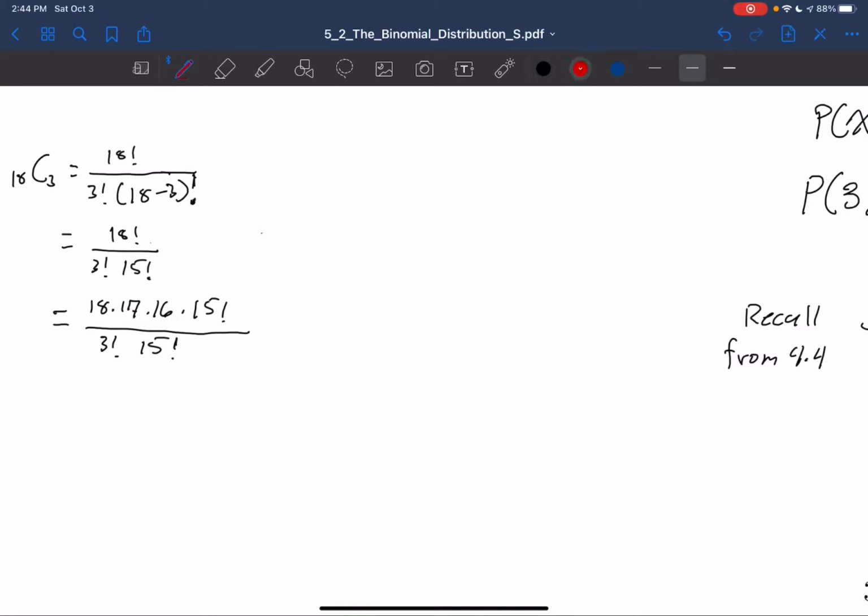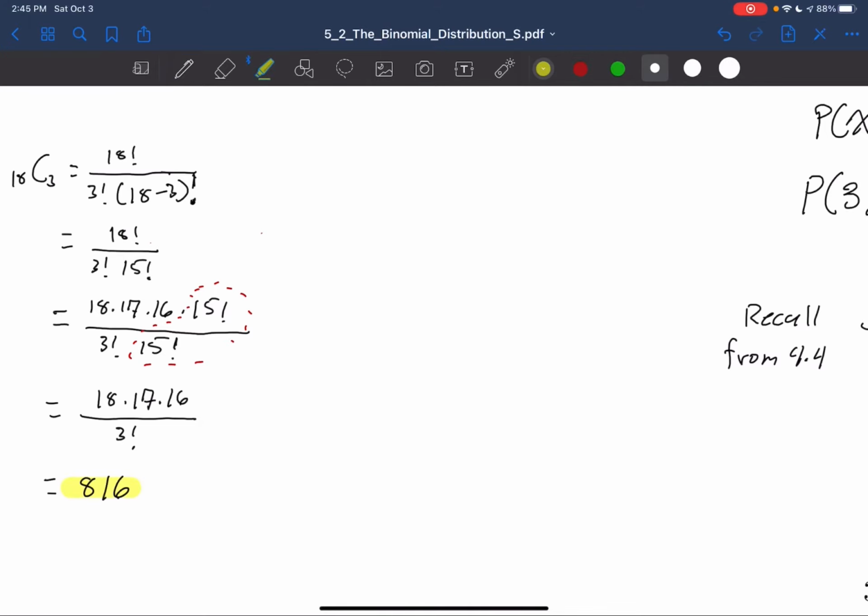Now notice that 15 factorial over 15 factorial divides to 1. So we can write this as 18 times 17 times 16 divided by 3 factorial, which is a lot easier to compute. If you put this in your calculator, this is just going to be 816.